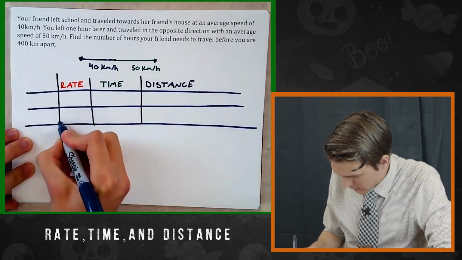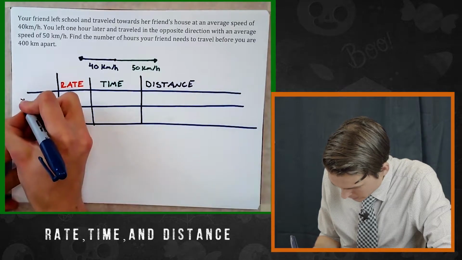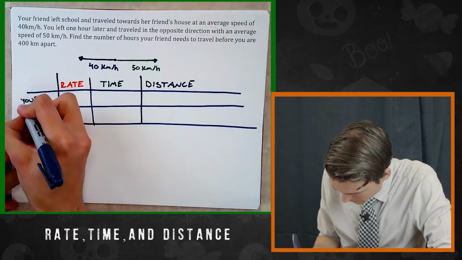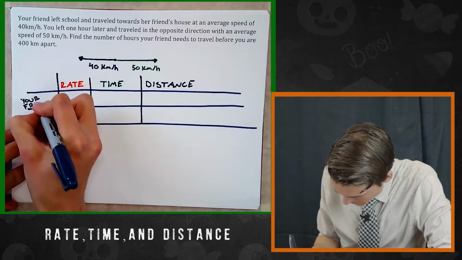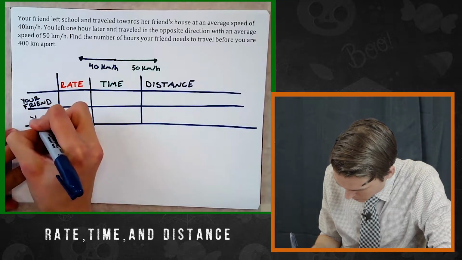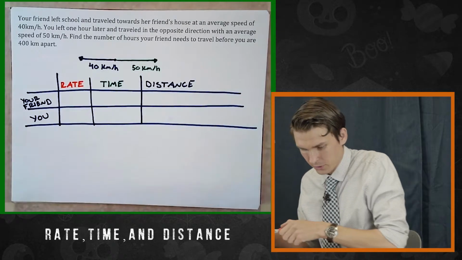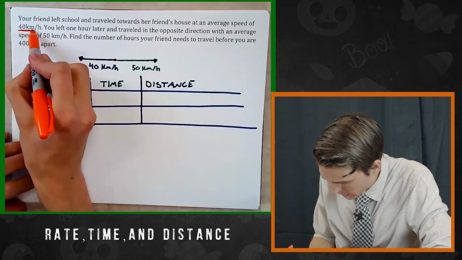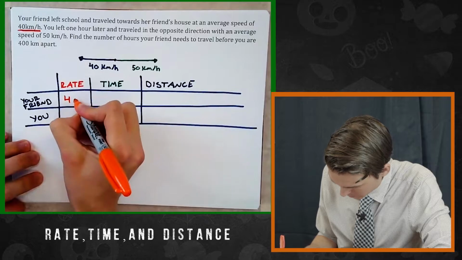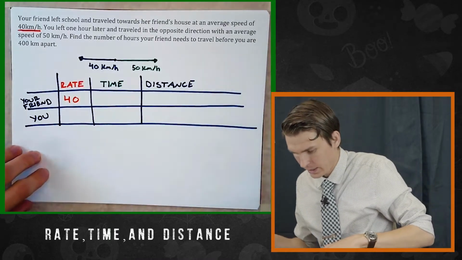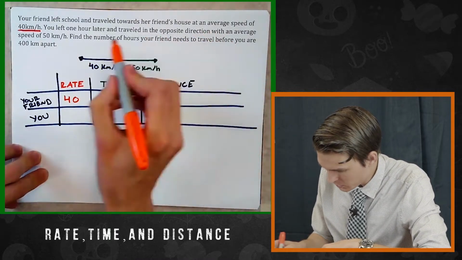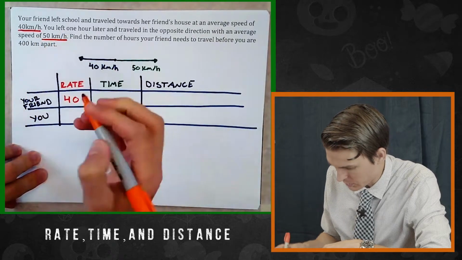And let's see. So you have your friend, and then we have you. It says your friend's rate was 40 kilometers an hour. Simple enough. And it says your speed is 50 kilometers an hour.